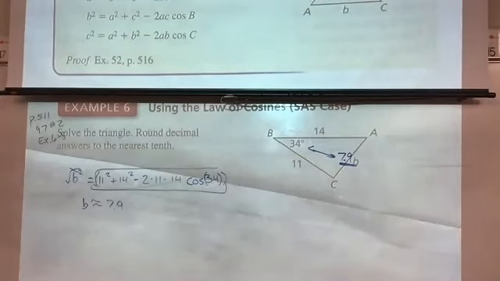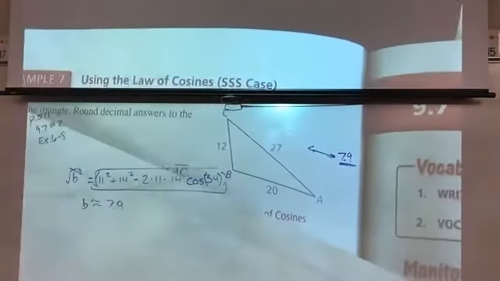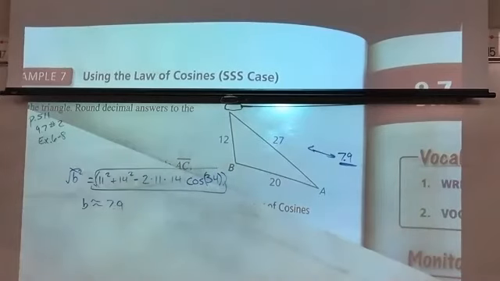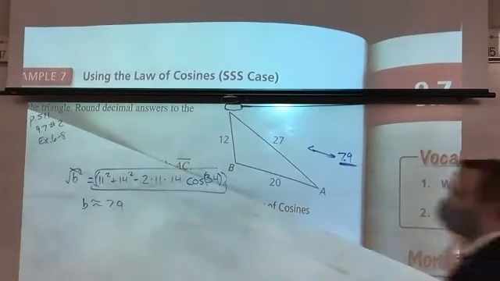Okay, so that was the side-angle-side situation. The other situation, which I told you is a little bit more involved, is the side-side-side, where they give us all three sides and we need to solve for the angle.